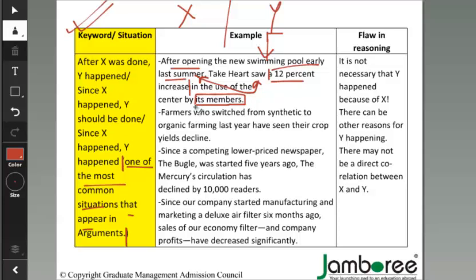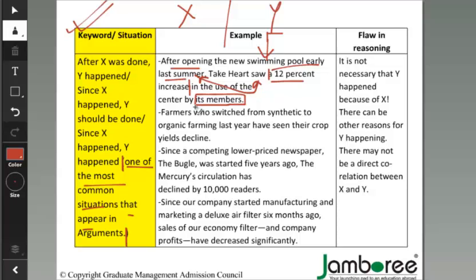Unless the members had requested the new swimming pool, that they had placed a request that we need a swimming pool, and the club made it, they constructed the swimming pool and usage increased, then it makes sense.